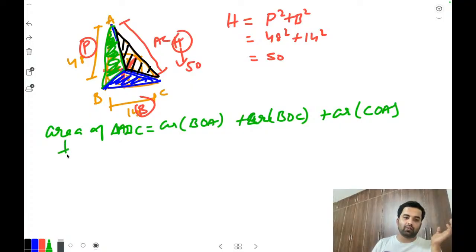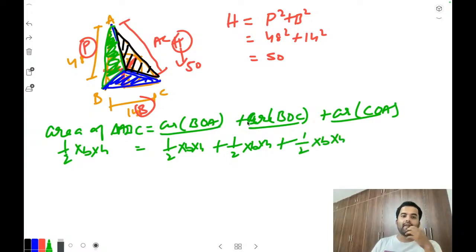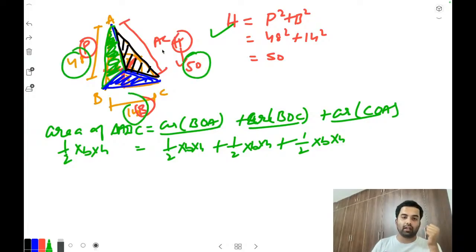Now you know the area of a triangle formula is 1 by 2 into base into height. The same thing applies here also, 1 by 2 into base into height, and again here. We applied Pythagoras to get this 50, right? So we have all the values here.